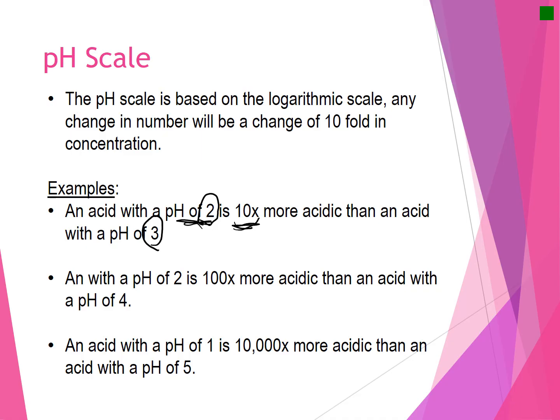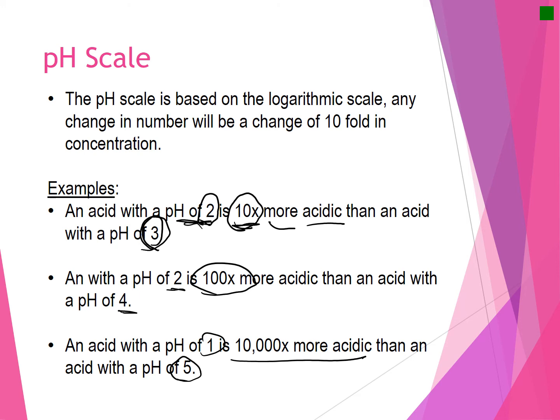A pH of 2 is 10 times more acidic than an acid with a pH of 3. A pH of 2 is 100 times more acidic than a pH of 4. And a pH of 1 is 10,000 times more acidic than a pH of 5. Okay, if I wanted to reverse it, a pH of 5 is 10,000 times less acidic or more basic than a pH of 1. How do you do this?